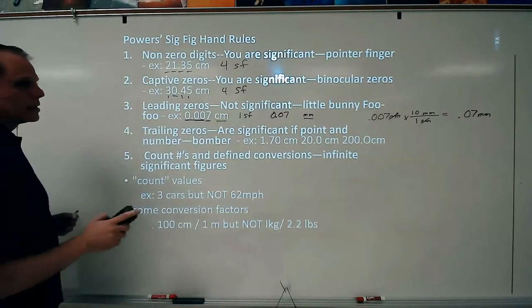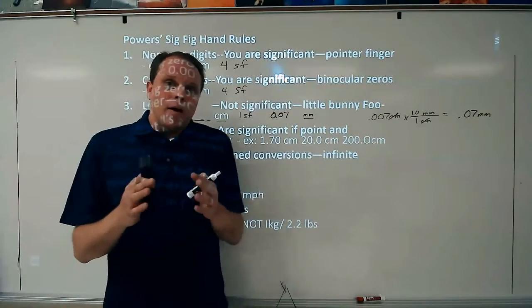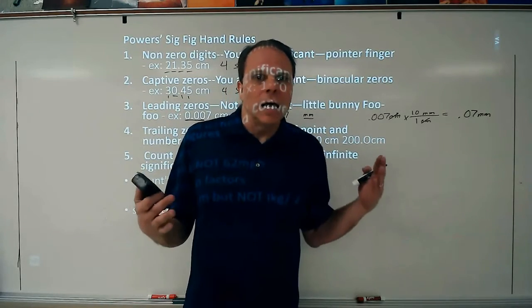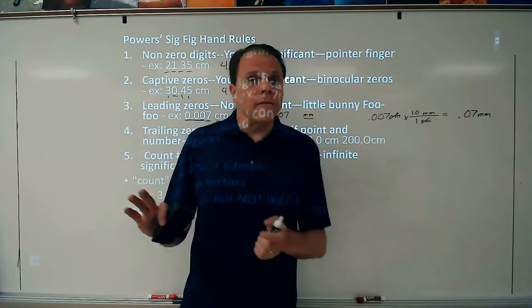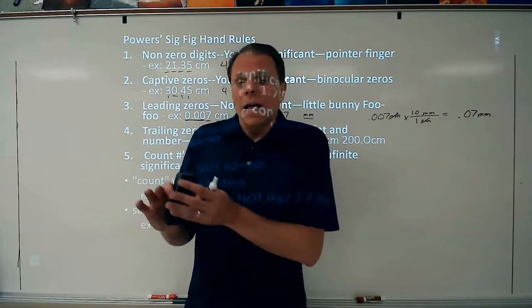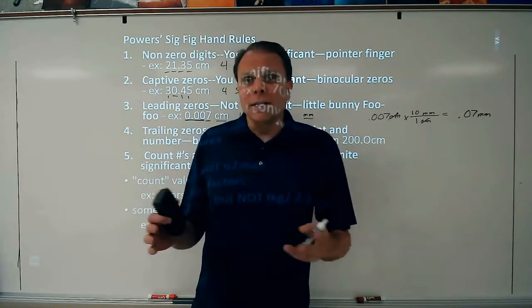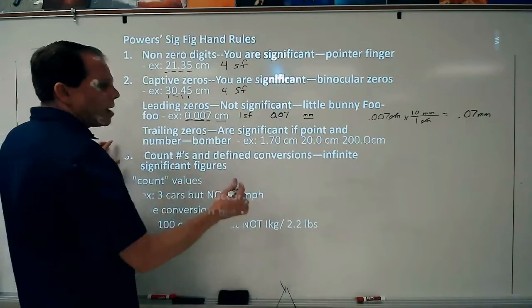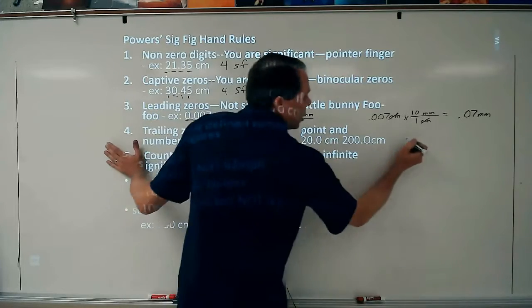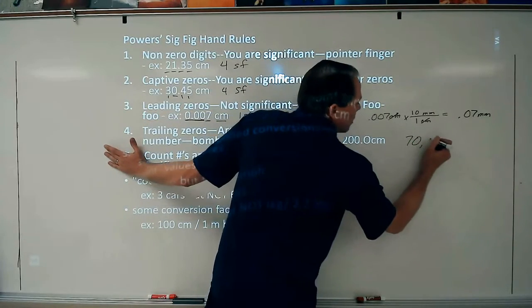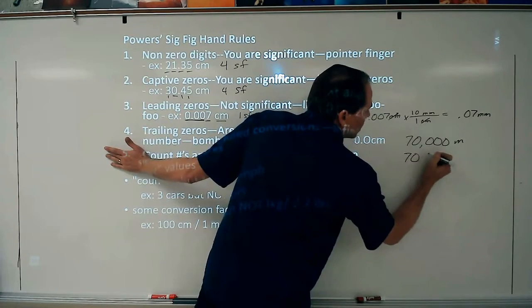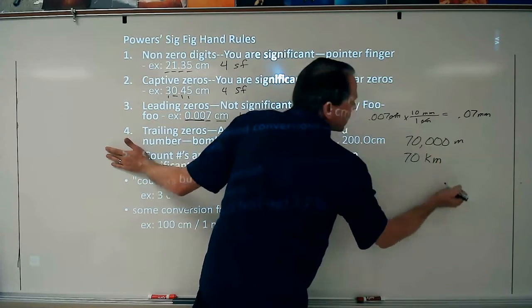So leading zero is not significant. All you're doing is telling me what your unit is that you're measuring in, basically. Those zeros in front, and this is the same for trailing zeros, if that's all they are. The trailing zeros also can just be placeholders. And when I say trailing zeros in that case, I'm talking about ones that might be like 70,000 meters versus 70 kilometers, okay?